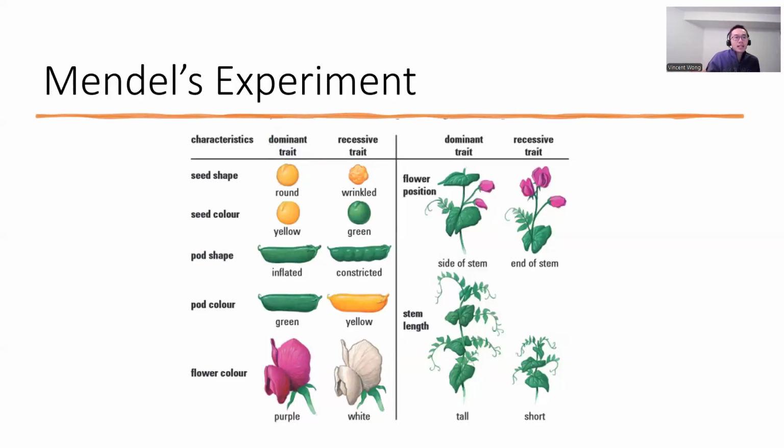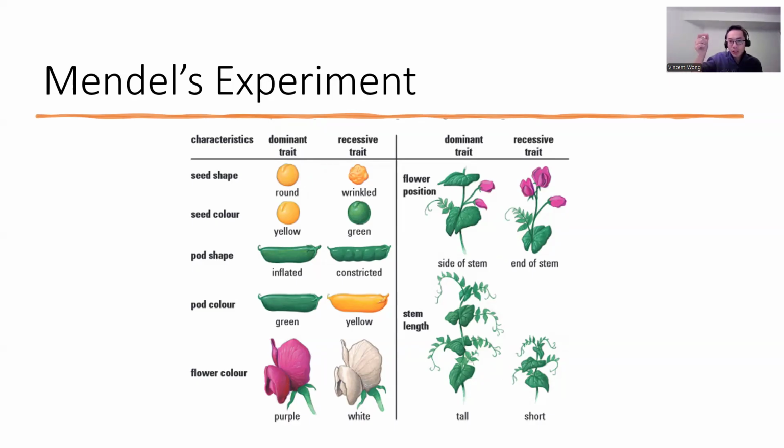There are a couple reasons why he chose the pea plants to study. Number one, there are no ethical issues when you work with plants, right? You can choose to breed whichever plants you want. They're not going to have a problem with it. And it's easier to breed plants than it is to breed animals. I don't know if any of you grow plants indoors, like in the winter, and you want to fertilize them.